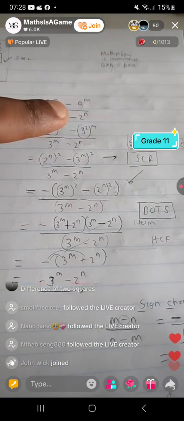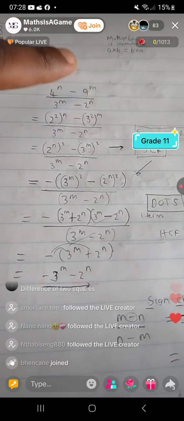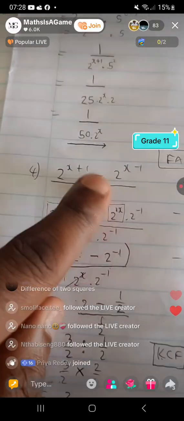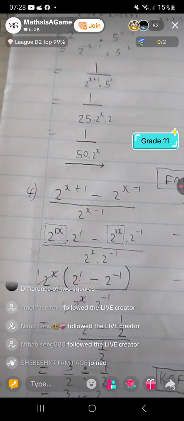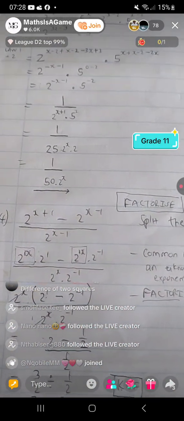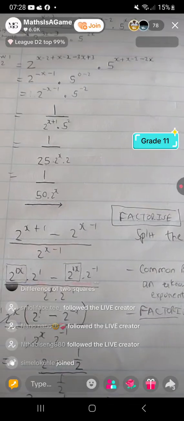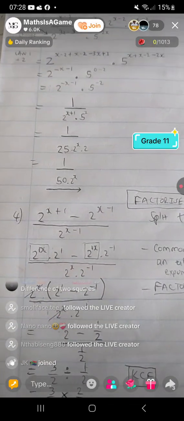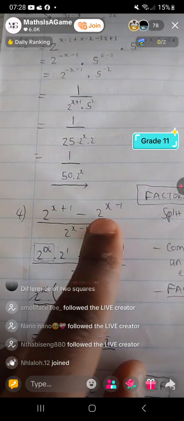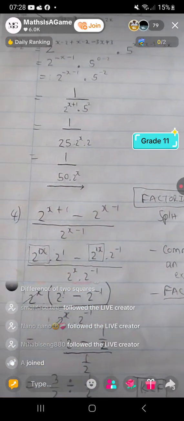Like I said, this is a situation where we have a plus and a minus sign between the terms. So the minute we have a plus and a minus sign between the bases, that means some type of factorization is going to have to be applied at some point. But our responsibility is to make sure first that the bases are simplified.